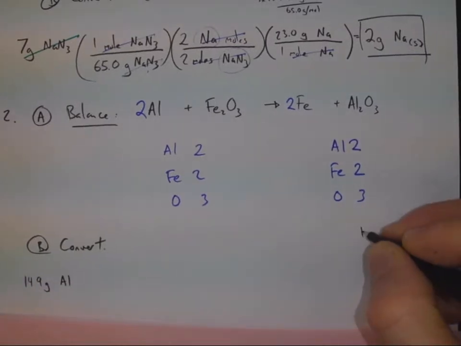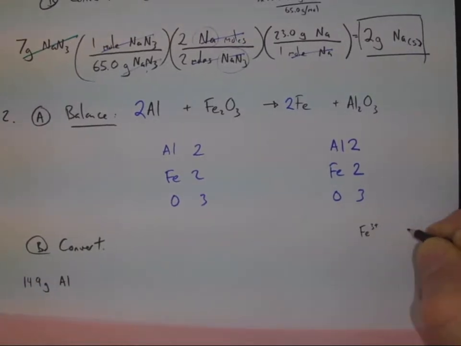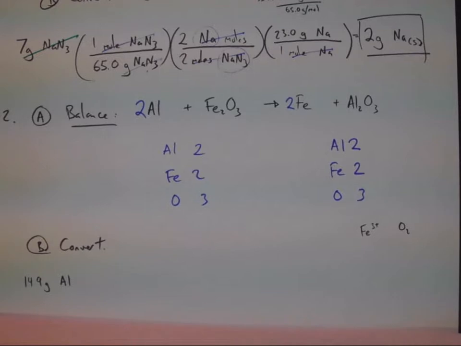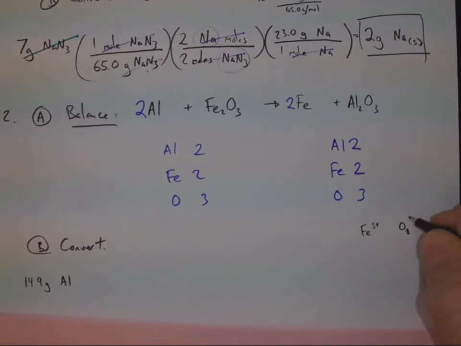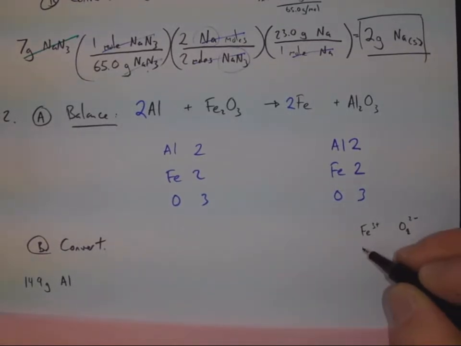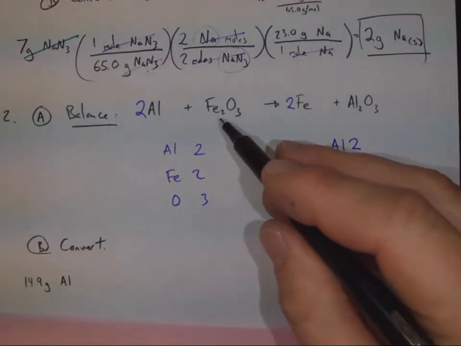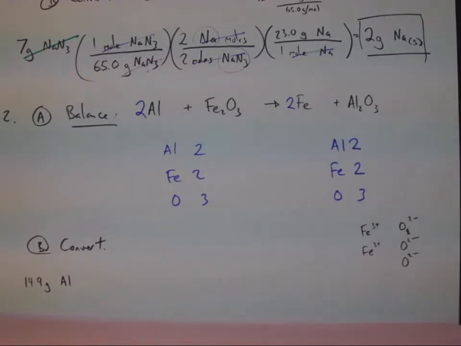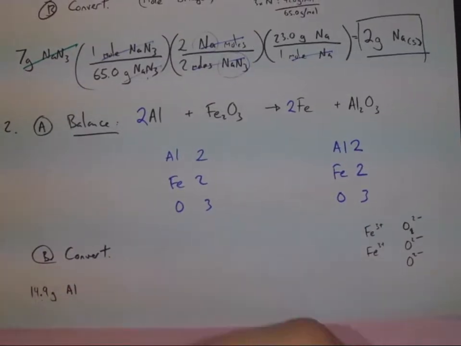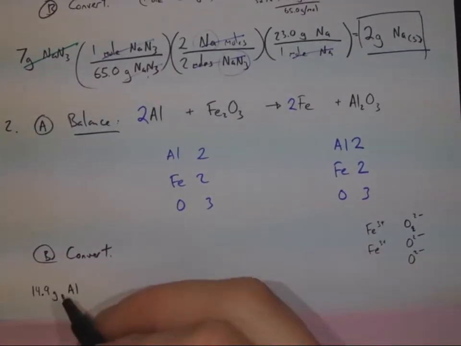If I mix iron 3 with oxides, that's a 2 minus, I would need 2 iron 3s to balance out the charges from these 3 oxides, and that's why this is iron 3 oxide. All right, anyhow. So we've got 14.9 grams of aluminum.